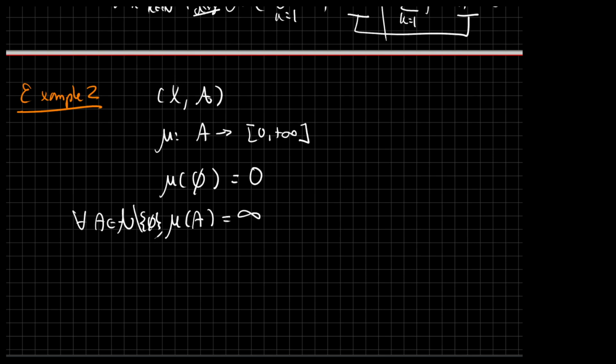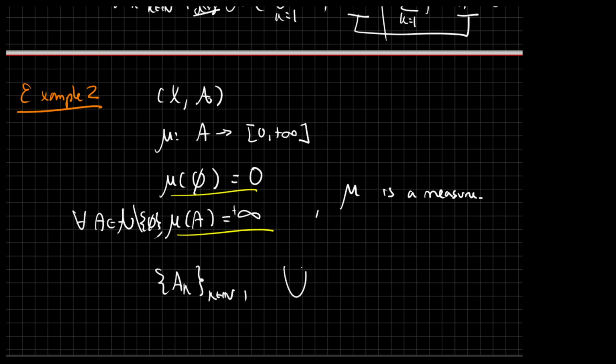So it holds that mu is also a measure. And why is that? Well, in this case it is a little more elaborate. Now we have two values. But let's say that we have a family that is pairwise disjoint here, and we have its countable union.